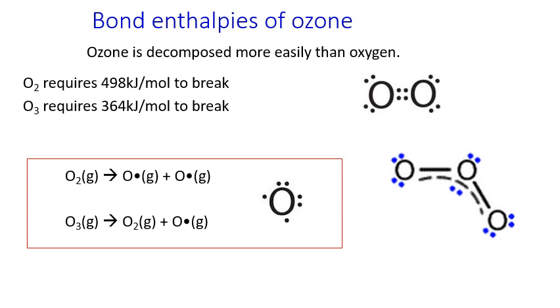Okay, this has a bond order of 2, whereas this has a bond order of only 1.5 due to the resonance. So this explains the reason why ozone is decomposed more easily than oxygen, because it requires less energy to break these bonds to form the free radicals, which we have already touched on in our structure and bonding unit.